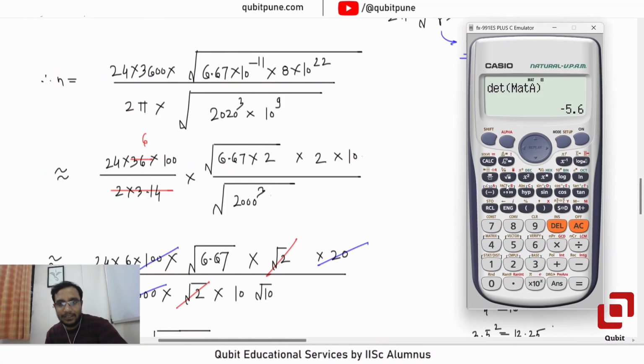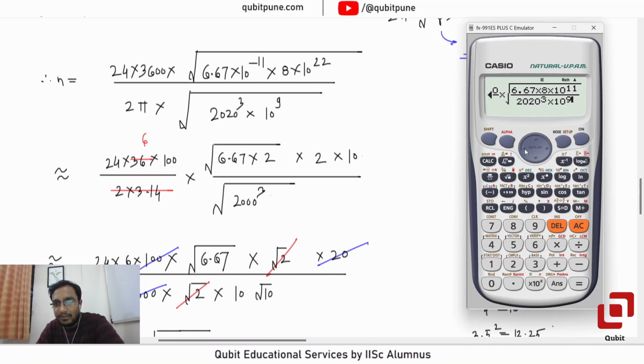Fine, let's see how close we are here. Yes, actually it is 11 if we take it as 20 cube.